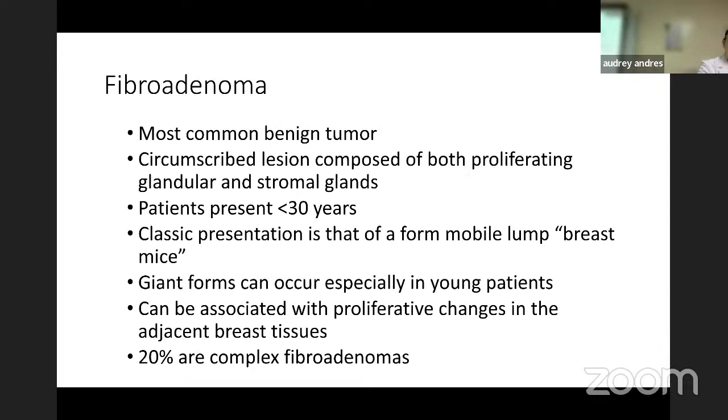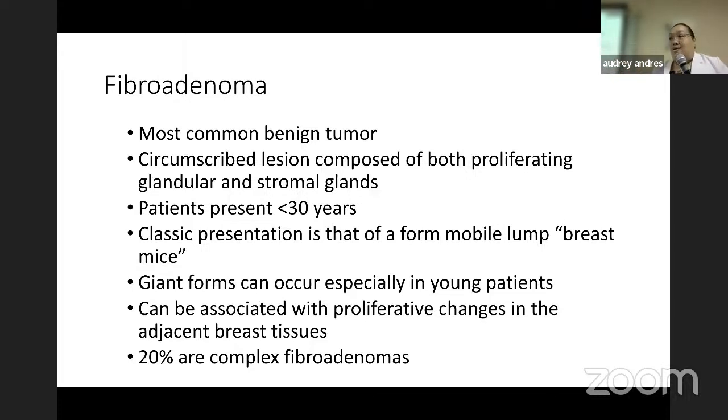If fibroadenosis is your most common breast disorder, fibroadenoma is your most common benign tumor. It's a circumscribed lesion composed of proliferating glandular and stromal tissue. It usually presents in young women less than 30 years, presenting with a lump.